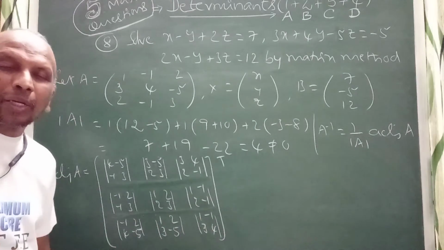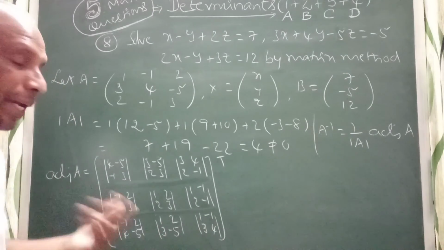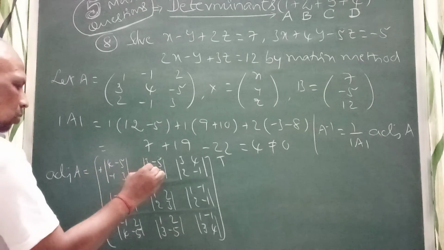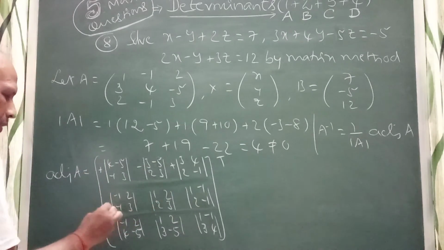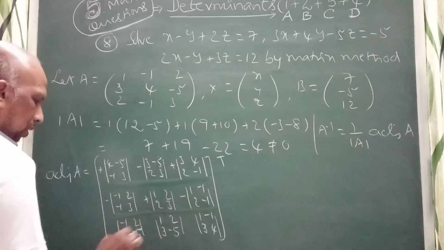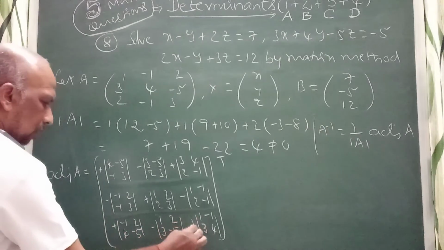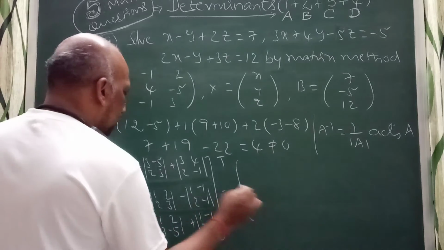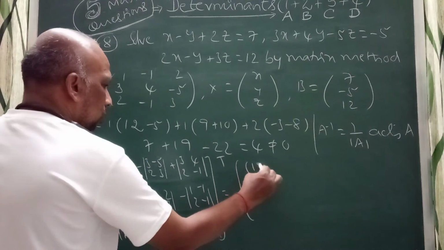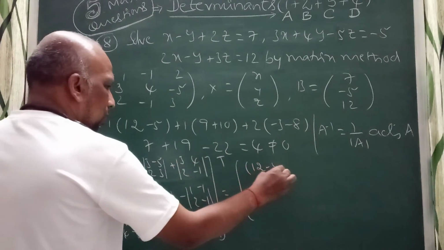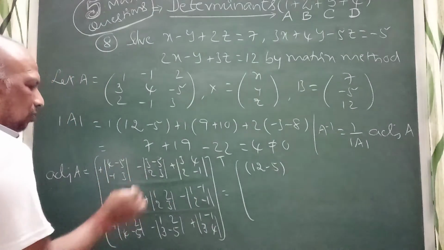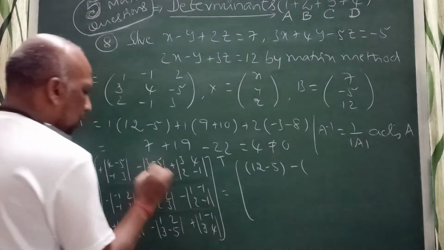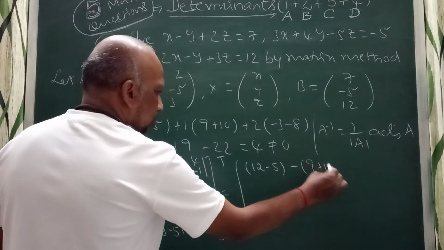You can see here I have written only minus. To make it cofactors, the signs are plus minus plus, alternating, minus plus minus, plus minus plus. Multiply this. Now it comes to this one: 12 minus 5, 12 minus 5, minus of 9 plus 10.